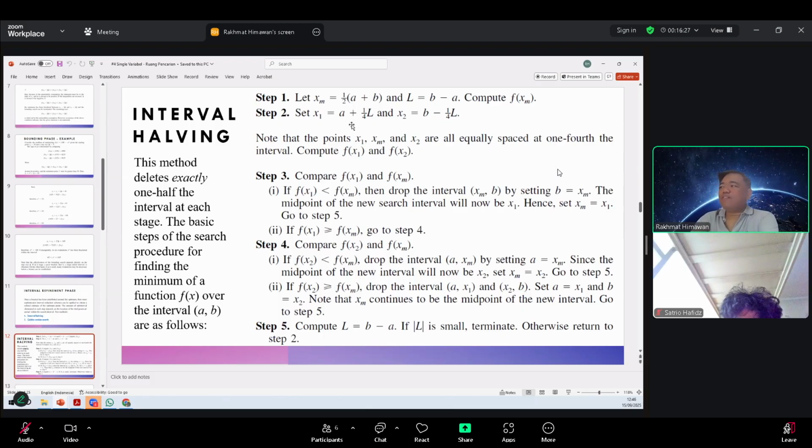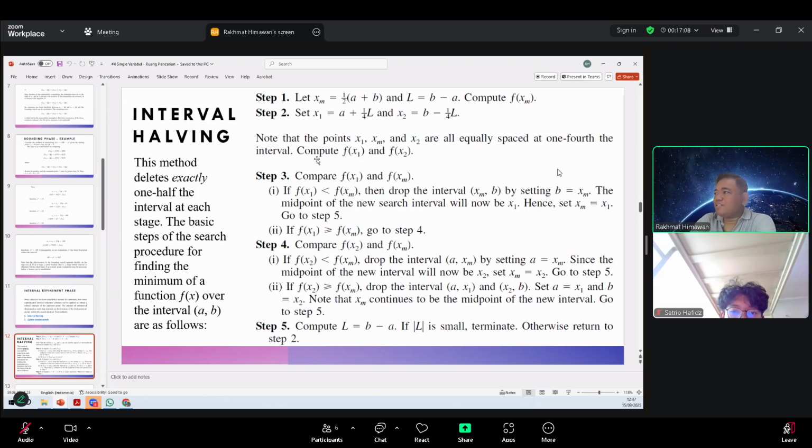So if the left side is A and the most right side is B, x1 is a quarter from A, another quarter is xm, another quarter to the right is x2, and then another quarter is B. Can you imagine that? So now we have the points A, x1, xm, x2, which are equally spaced by a quarter. Compute fx1 and fx2.